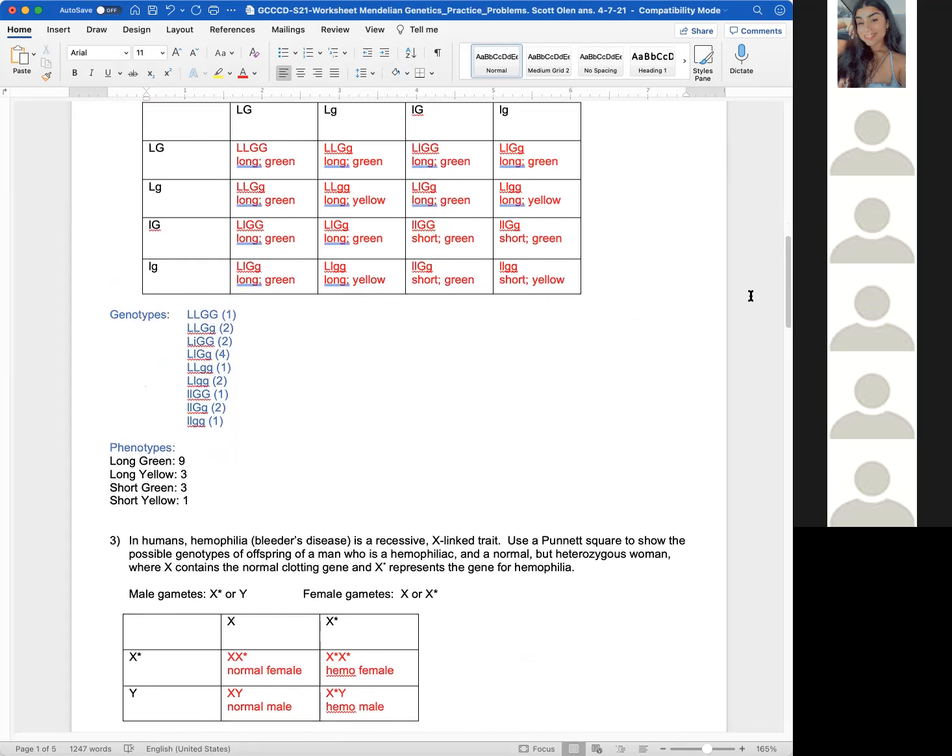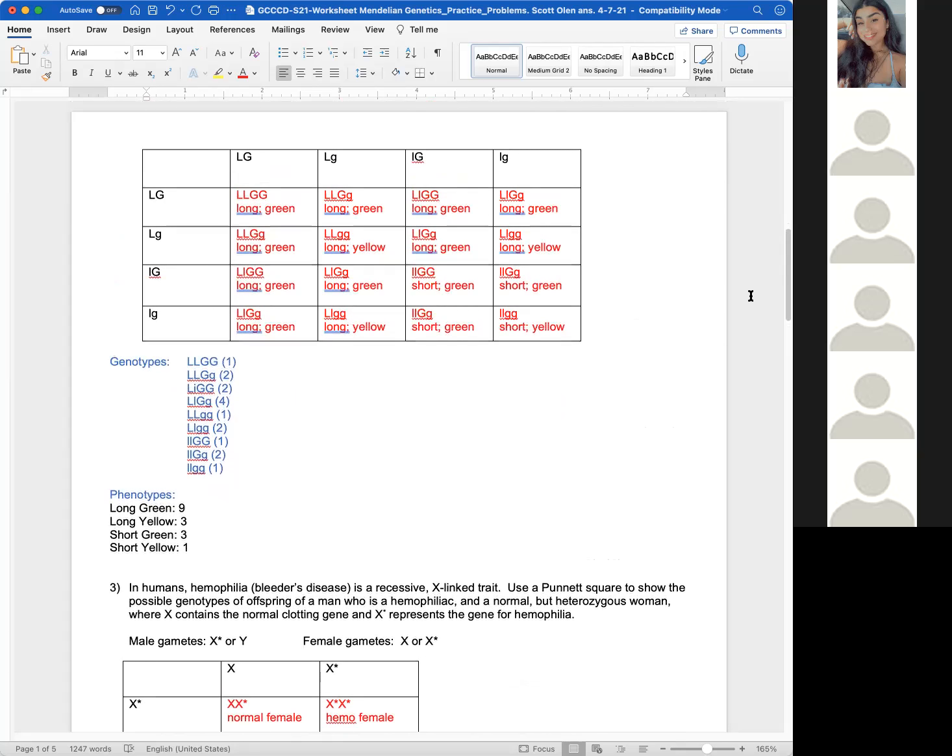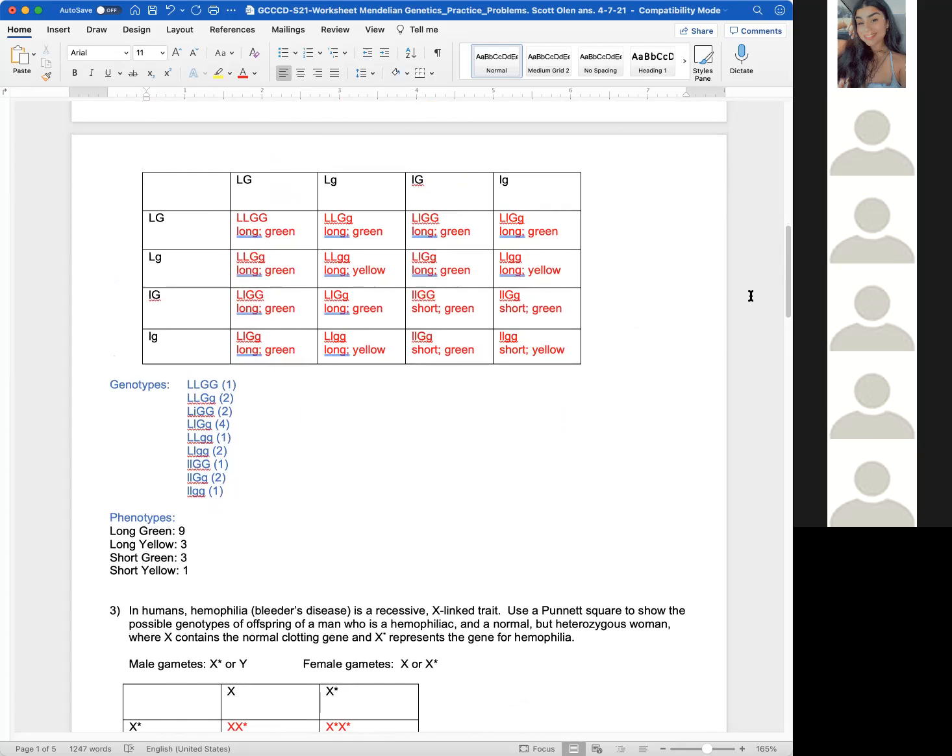Question regarding this. It's the generation that makes this phenotype or genotype in their offspring, their children.